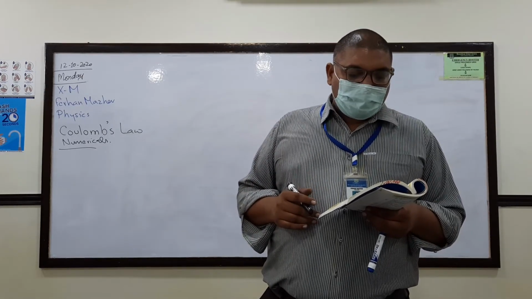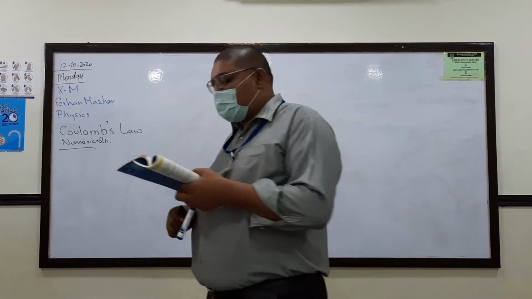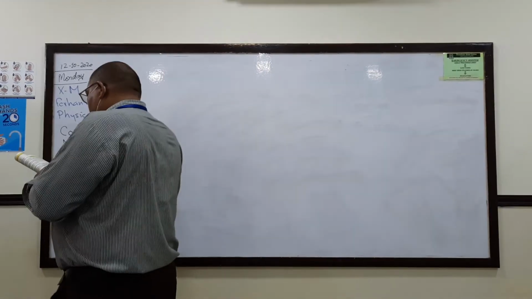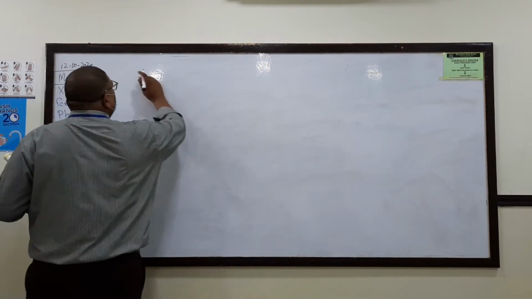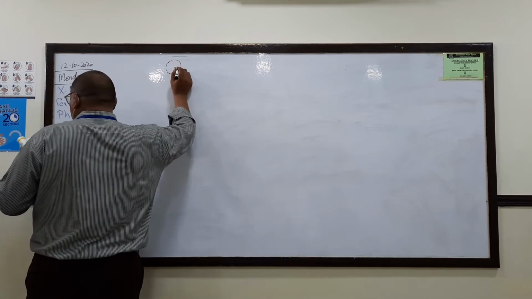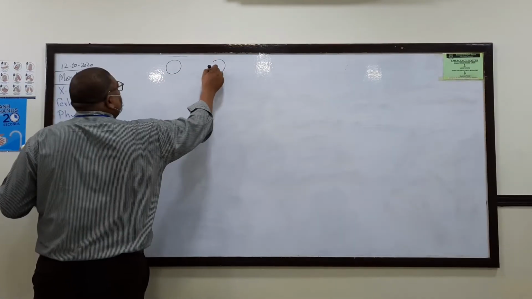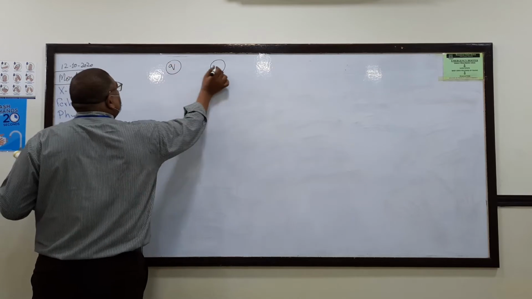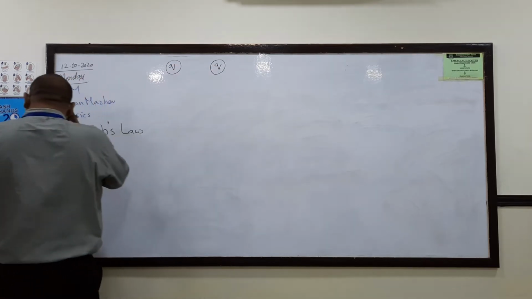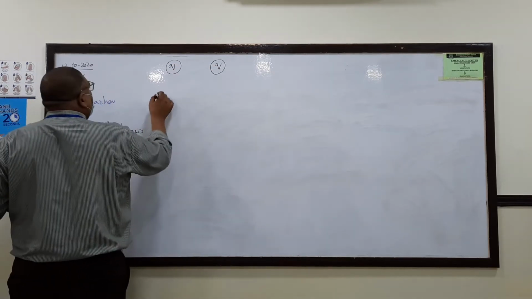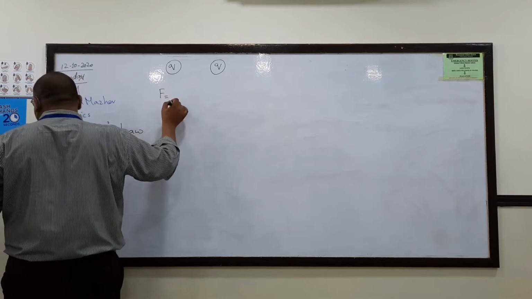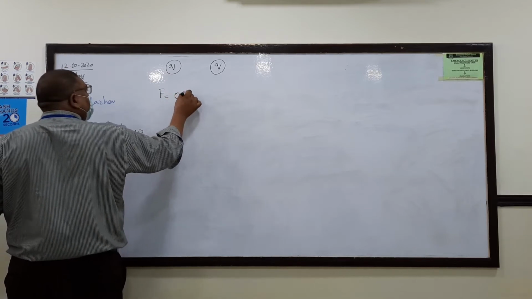The force of repulsion between two identical positive charges is 0.8 Newton. So there are two charges and they both are identical. The charge here is Q, the charge here is also Q. The force of repulsion between these charges is 0.8 Newton.